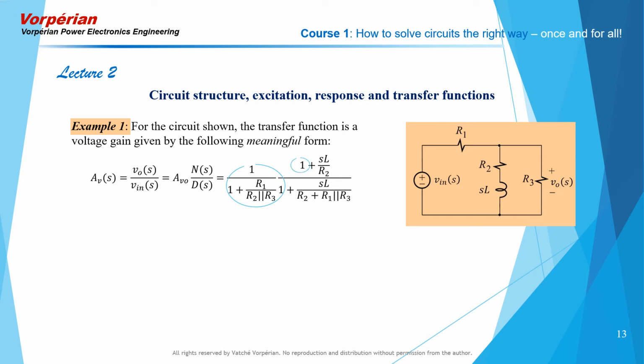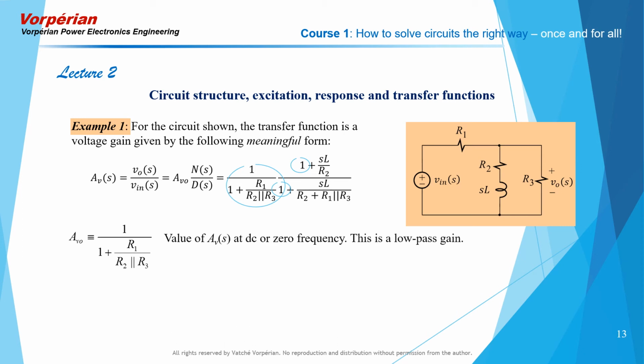This is followed by a numerator with leading term unity and a denominator with a leading term unity. So AV0, the constant that appears up front, is the value of the transfer function at zero frequency. It itself is a voltage gain. And it's a low pass gain.